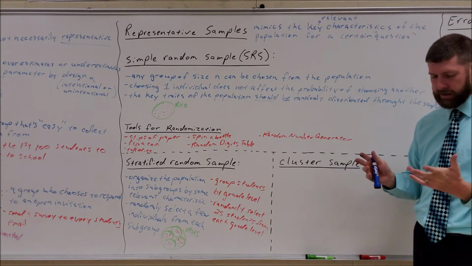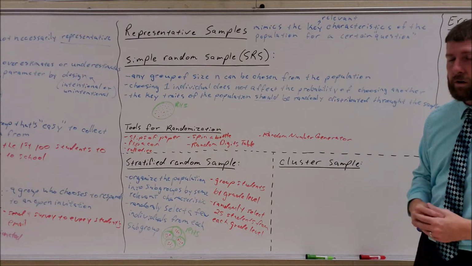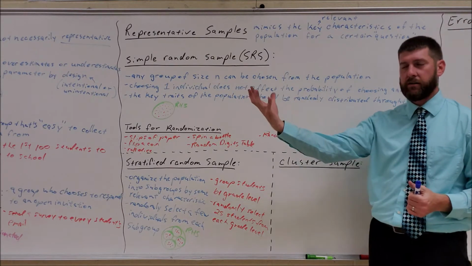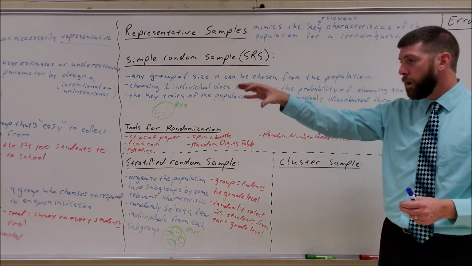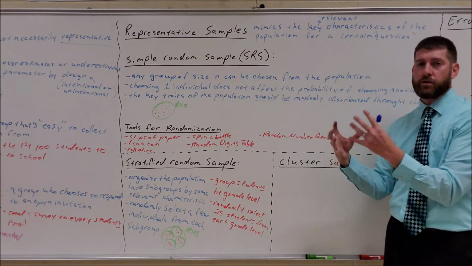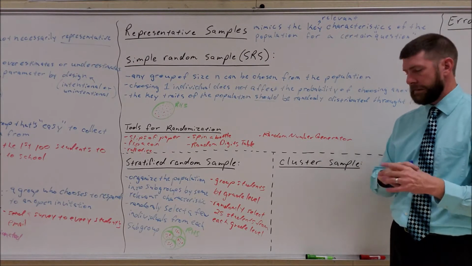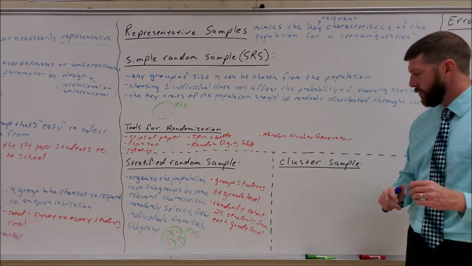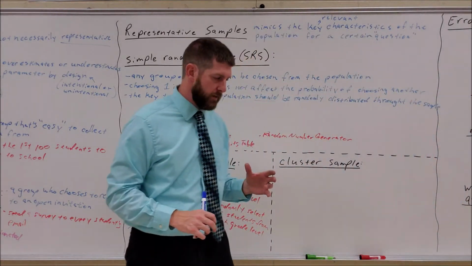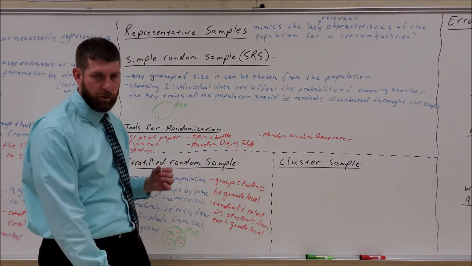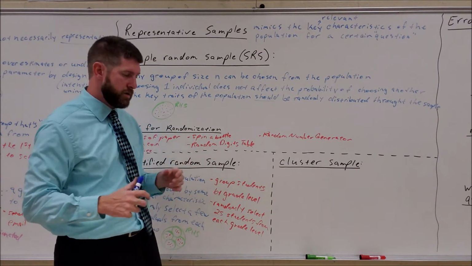So whether it's by where you live, or what floor you work on, or things that are in similar packages. If I was looking at packages of potato chips, one bag of potato chips would be a cluster of those chips. So that's typically what we mean with cluster, but it really could be anything. This definition gets a little wordy and technical, but usually the idea is that we're looking at things that are naturally, physically located close together.